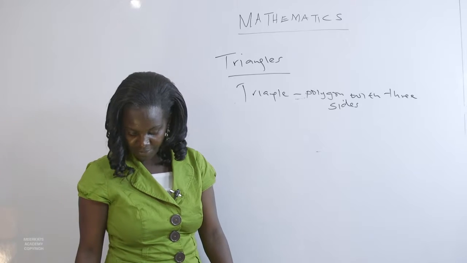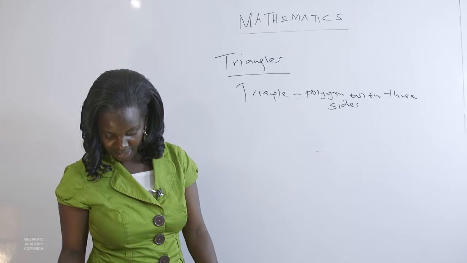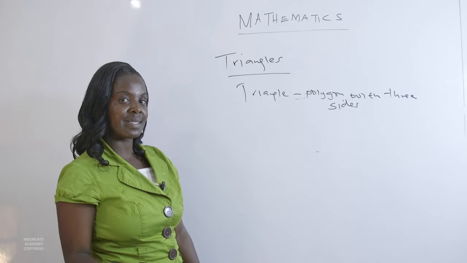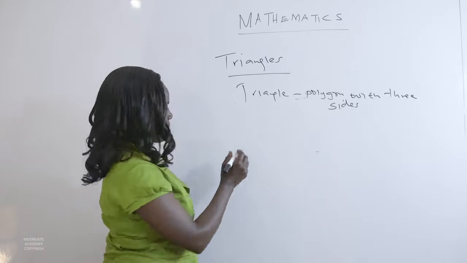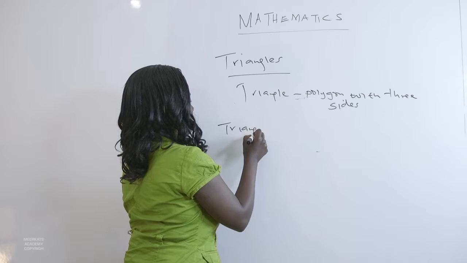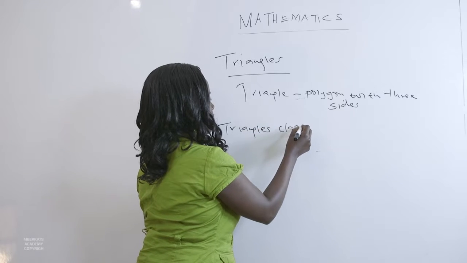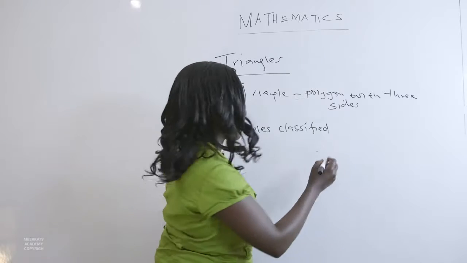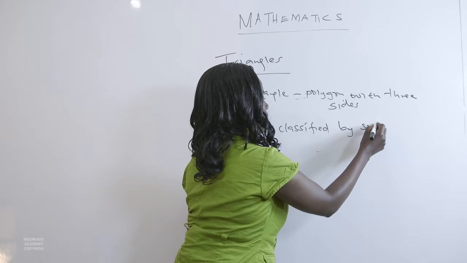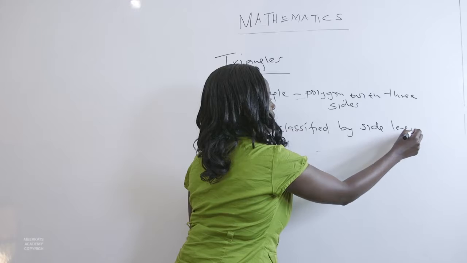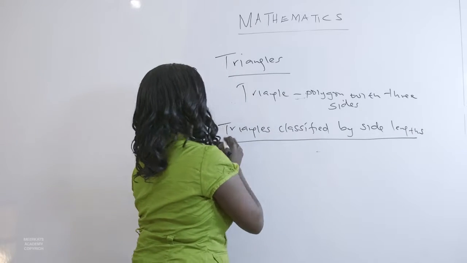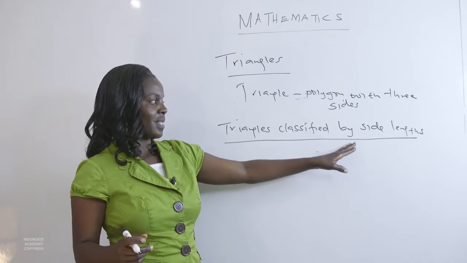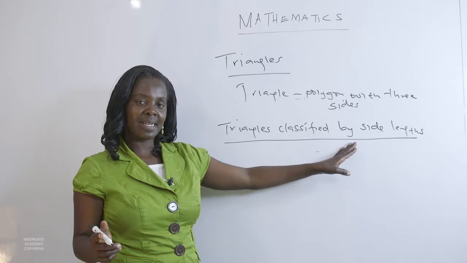So we have different types of triangles depending on the side length.